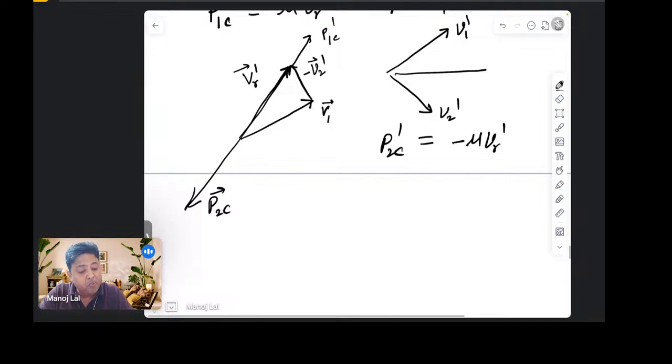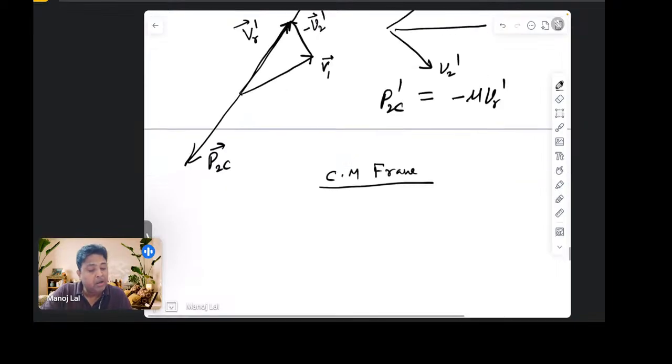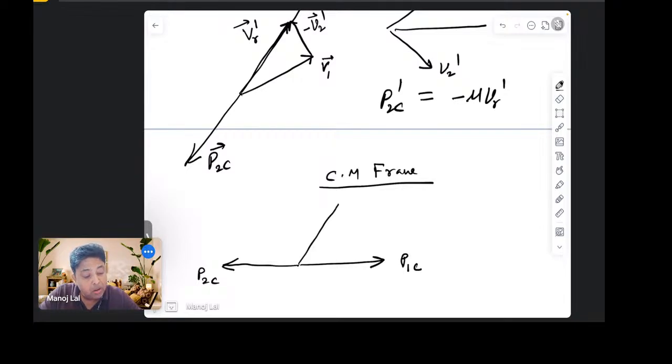Before collision in the center of mass frame, the momentum of the particles before collision was like this: P1C, P2C. And after collision it will be what?